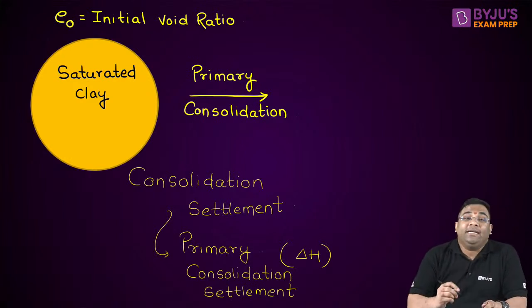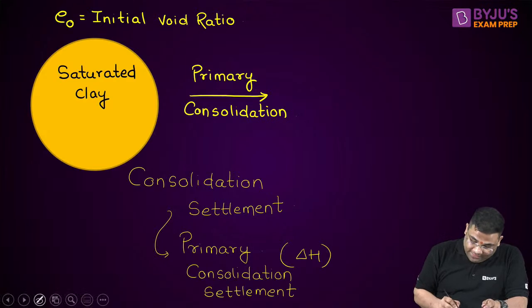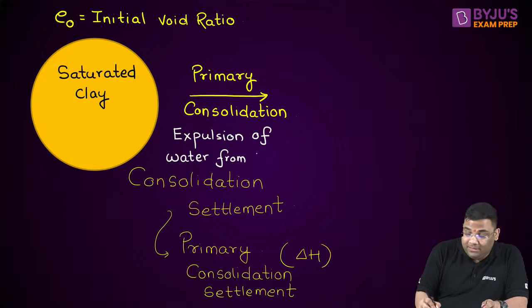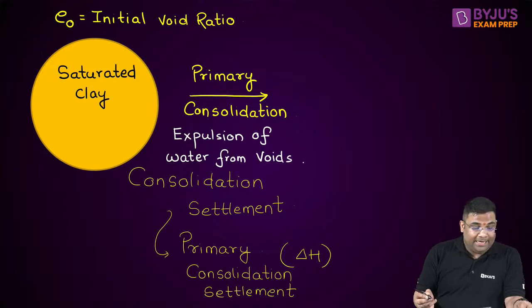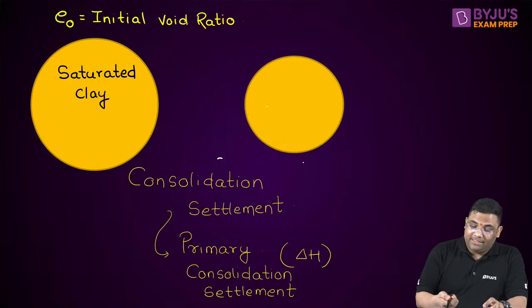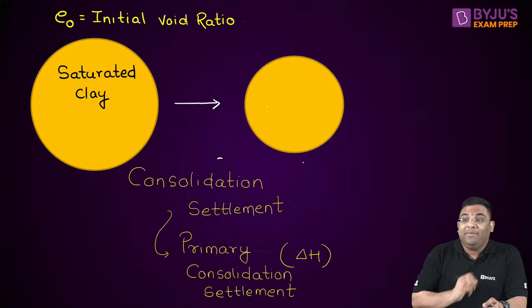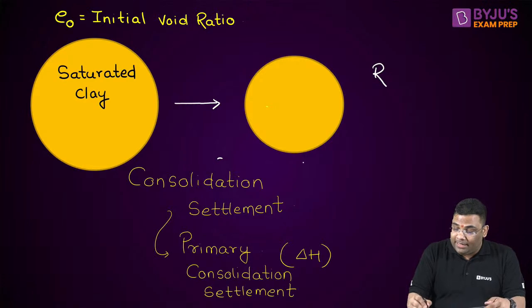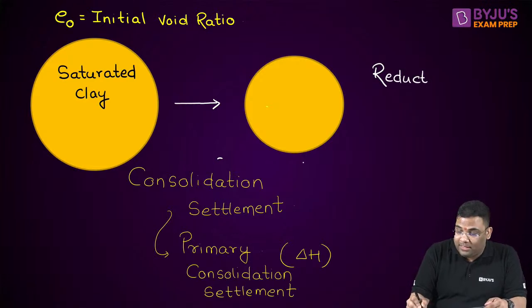So for saturated clay, primary consolidation is expulsion of water from voids. So when this happens, the volume will reduce. So in the process of primary consolidation, we are having a reduction of volume.